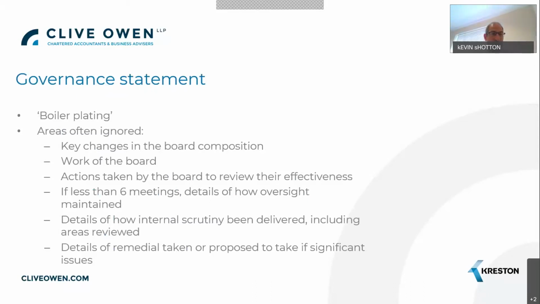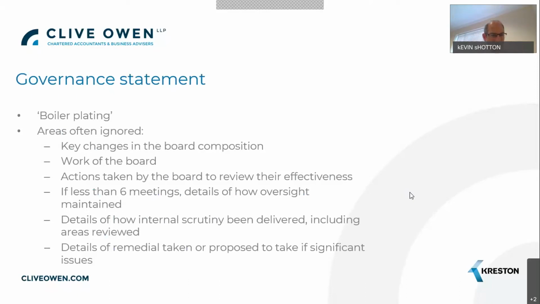A few areas have been highlighted that the ESFA noticed often aren't tailored to the trust's circumstances. So any key changes in board composition during the year, what the actual work of the board is, so what areas they're covering and focusing on, and the review of the effectiveness of the board. Whether that be a full governance review or a skills audit across the board, and how that effectiveness is being considered.